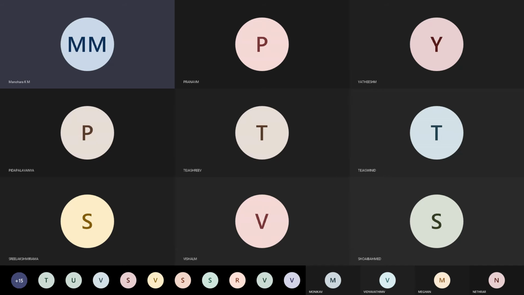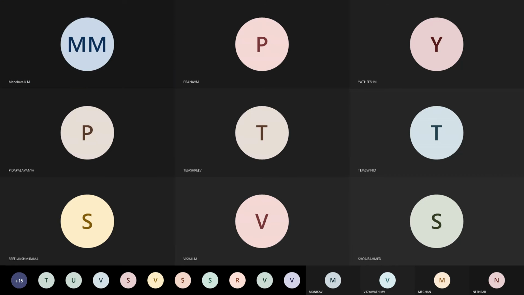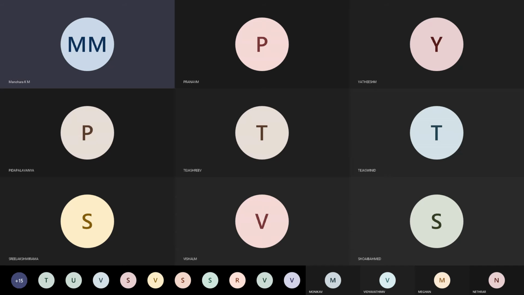Then process 4, process 5, process 6, process 7, process 8. Again it will repeat process 1, process 2.